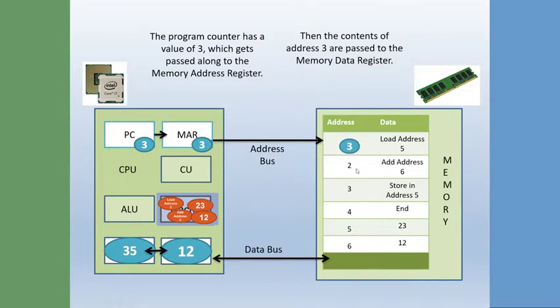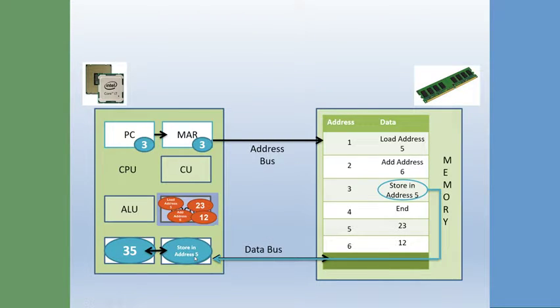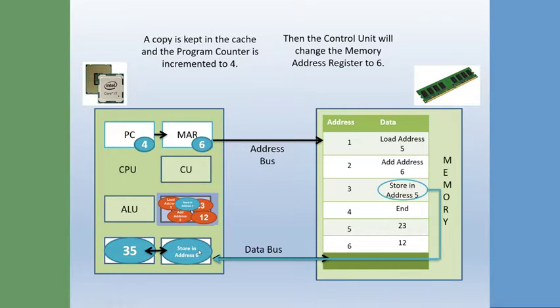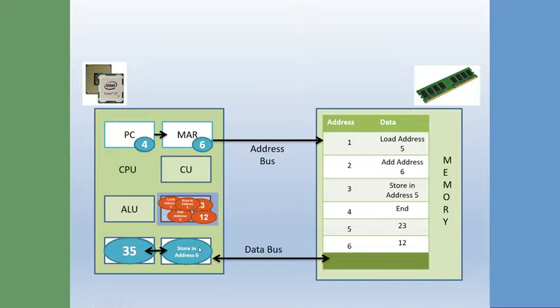goes across, finds address number 3, which is store the result in address number 5. So it fires that across to the MDR. A copy is sent to the cache, and it says to store that in address number 6.